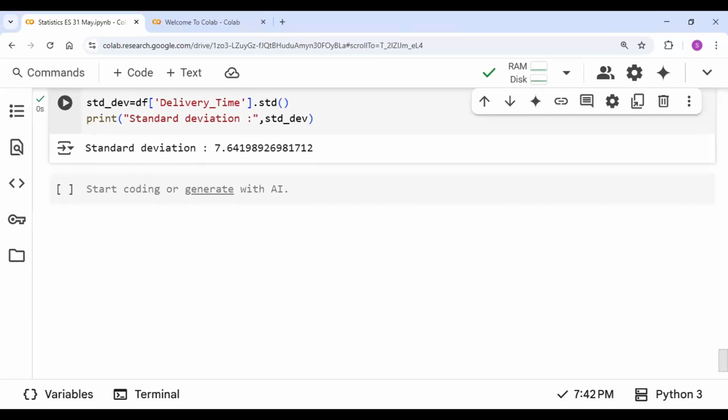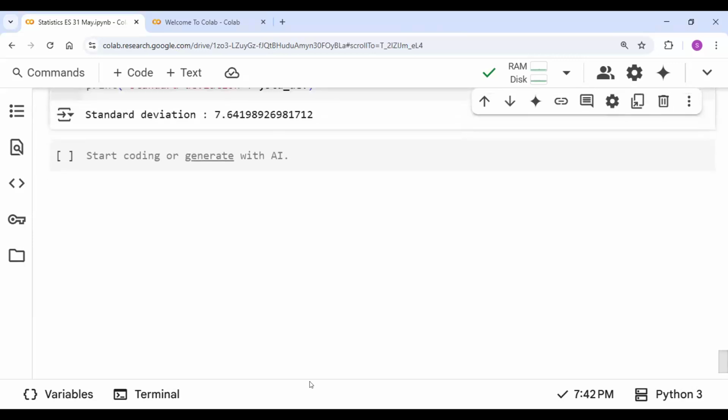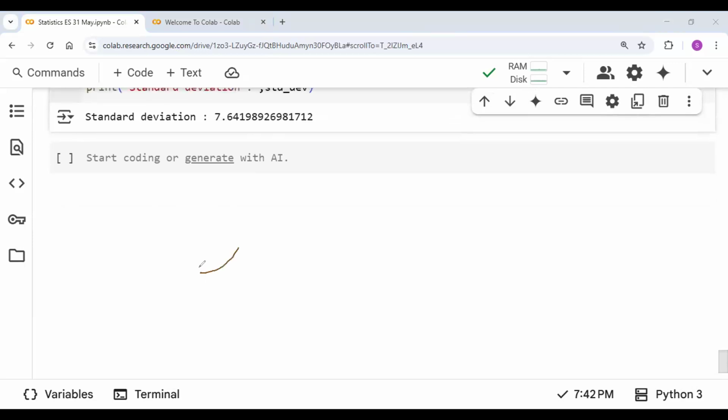Another thumb rule, guys, and this is the most important aspect: using the standard deviation, you can make use of the empirical thumb rule. This is called the empirical thumb rule. In general, for the normal distribution, take the mean.